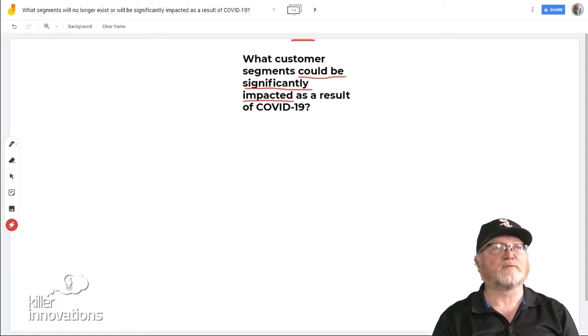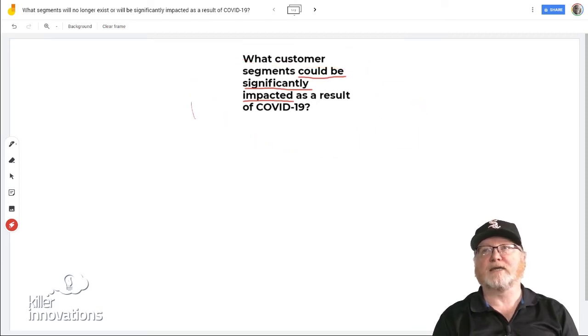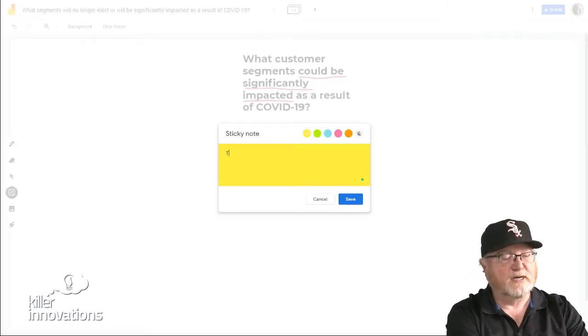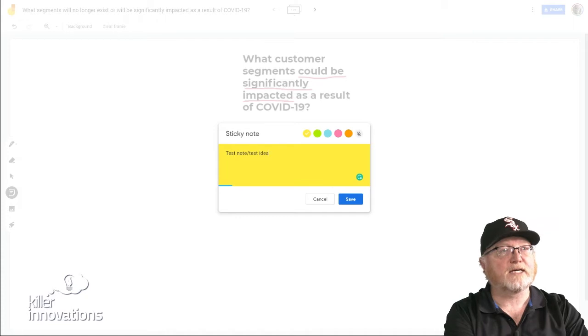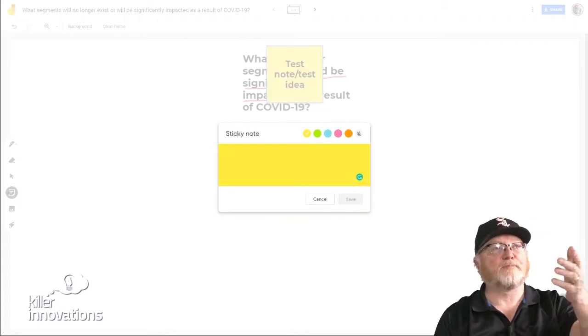And a laser allows me to do things like draw a circle around the text like that, and then the laser goes away. So here, we'll just do a quick test Post-it note just so you can see. If I type the word test idea, and then I hit save, it now appears.